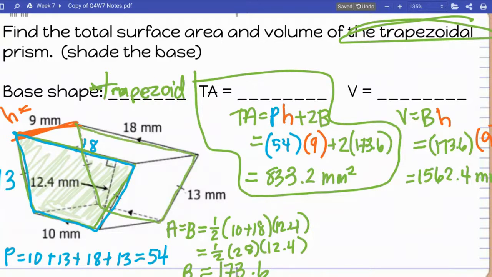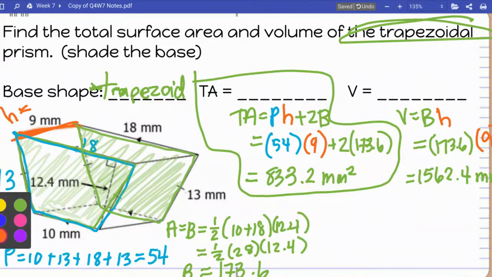And in this case, actually, our trapezoid is not sitting on its base. It's actually tilted to its side. So if those are your 2 bases, your height has to be the distance between the bases. So that's why we picked 9 there for your height. And I had to do some things separately. I had to find the perimeter of the trapezoid, and then I had to find the area of the trapezoid.